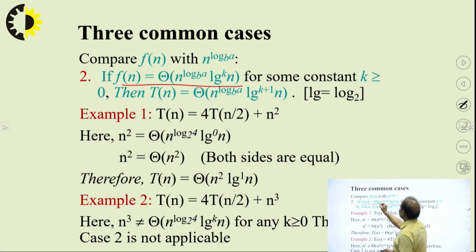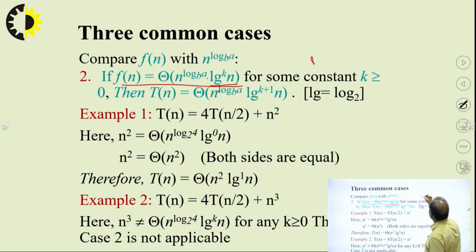In case 2, we are comparing Fn with n to the power log a base b multiplied by log n to the power k, where lg stands for log base 2. So if this condition is satisfied, then we say that Tn is theta n to the power log a base b, and log to the power k plus 1 of n. Whatever value of k is over here, we increase k to k plus 1.